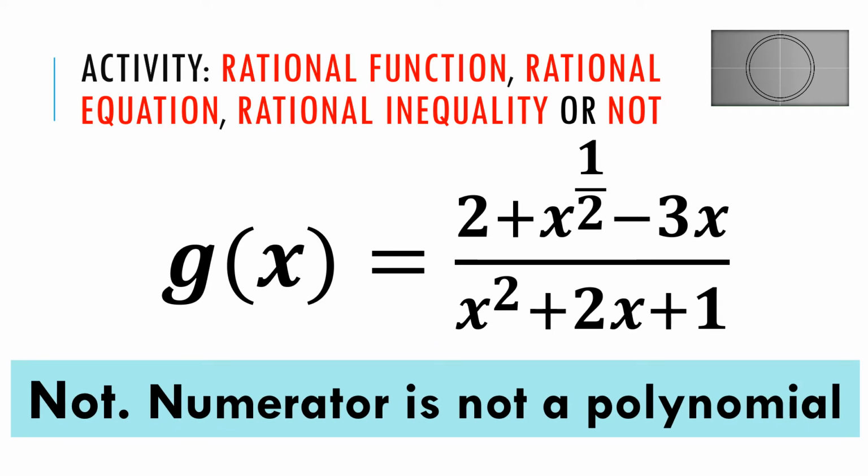Again, kanina sinabi ko na dapat ang polynomial, ang kanyang exponent ng isang term or ng variable niya is a whole number. But in this case, ang exponent ng second term sa numerator is 1/2, which is a fraction. Dapat whole number. So this is not a rational function.